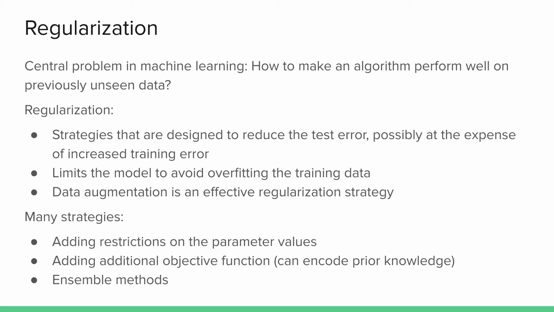Some add restrictions to our parameter values, some add maybe an additional objective function. We've already talked about these auxiliary functions, for example, in reinforcement learning. So we can encode some sort of prior knowledge that we have about the underlying problem. And of course, we can use ensembles, where we have multiple networks that work together.